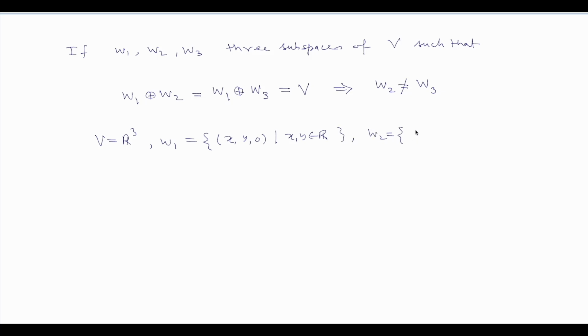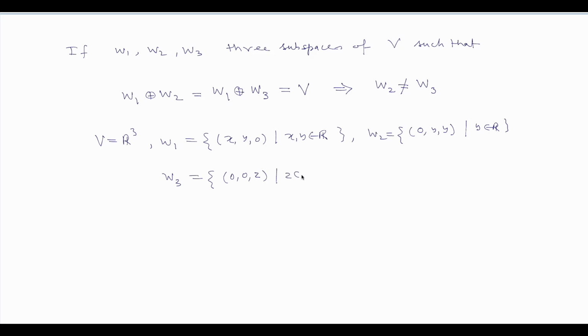W2 is all those points (0, y, y) such that y belongs to R, and W3 you can take as (0, 0, z), such that z belongs to R. We have already seen this with the example in R2; we are constructing some more in higher dimension.